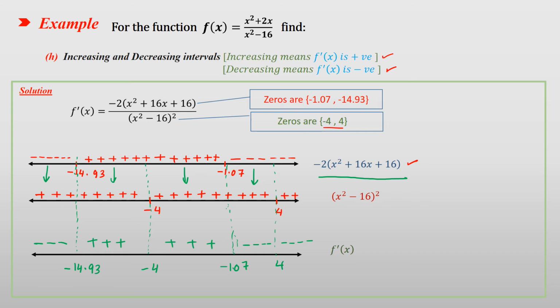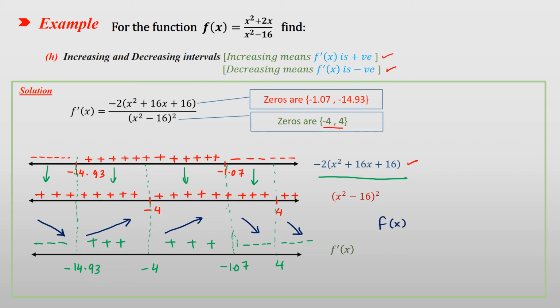So this is the sign of the function f prime, and hence in this interval the function f is decreasing, and in this interval it will be decreasing. Here we have decreasing and decreasing. So we have 2 increasing intervals and 3 decreasing intervals.